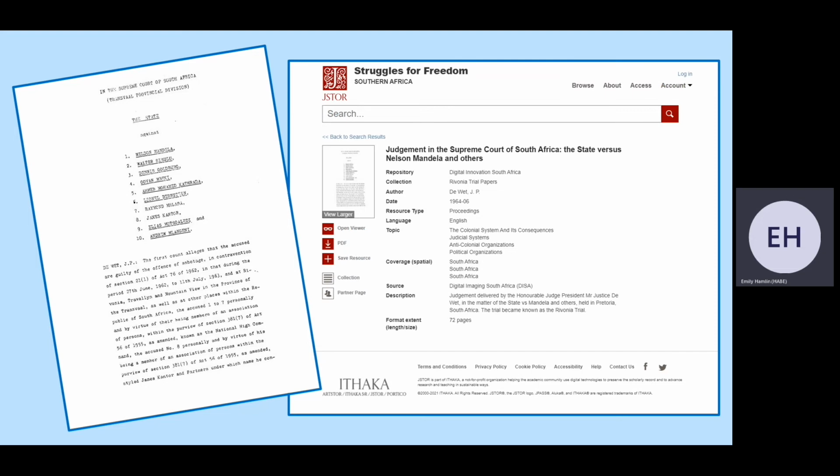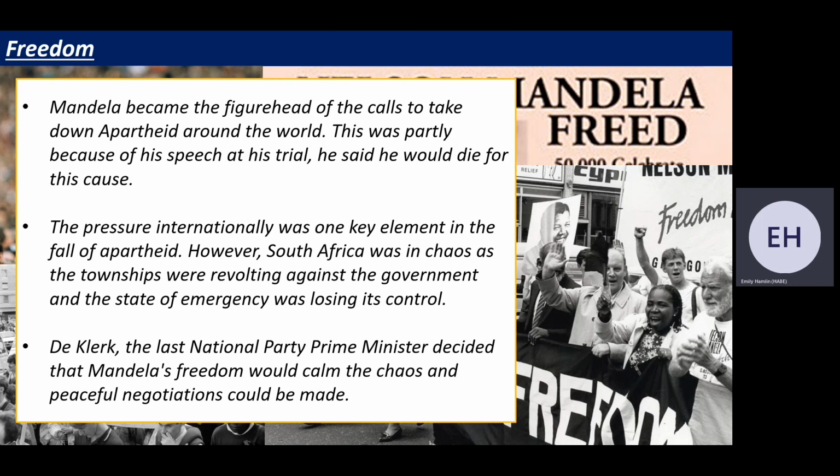We need to work with the primary sources from these moments and not just, and of course they're integral, but not just what the historiography tells us and what these historians believe about the evidence that they're seeing in front of them. You'll see that the collection of sources is all entitled The Struggles for Freedom in Southern Africa.